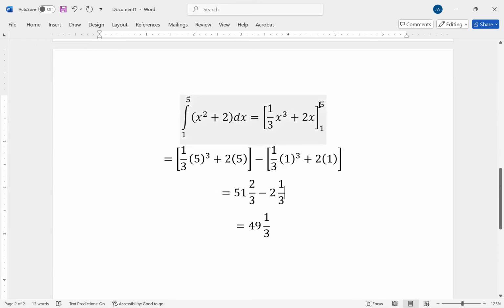The notation I like to use is antiderivative inside the square brackets, and then I superscript and subscript the bounds. Notice that we're no longer integrating. I lose my integration symbol, and I put the bounds on the right-hand side instead of the left-hand side because I don't want to think I need to integrate again. So that's the usual notation.